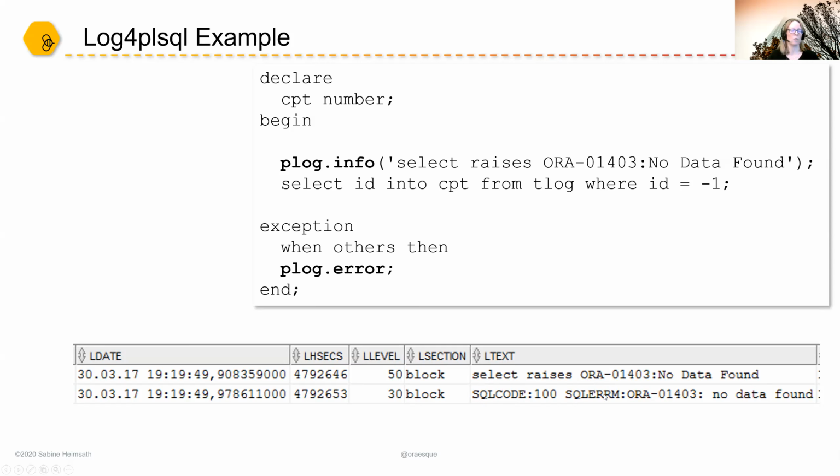And here's our expected error message. And yes, that's very, very basic. You also have some more fields like users, section. So yeah, pretty basic, pretty straightforward, I think. No magic here.